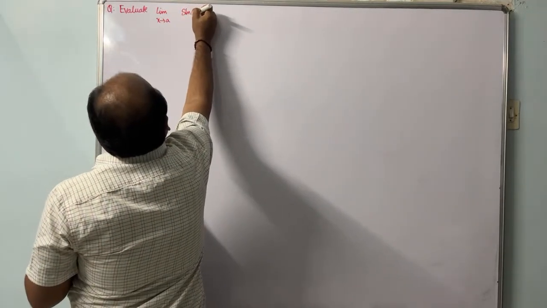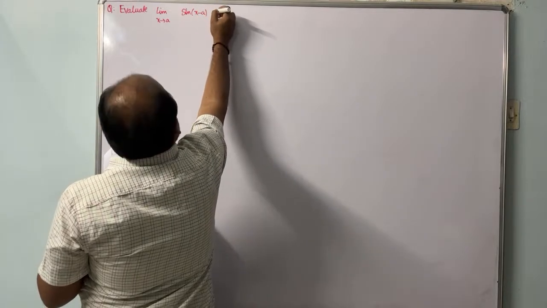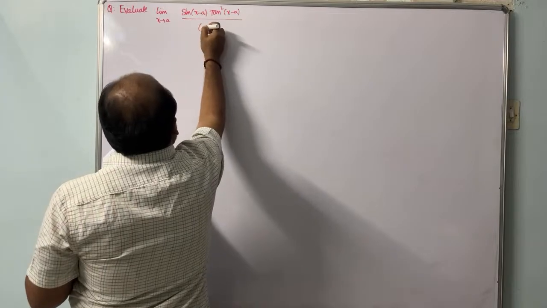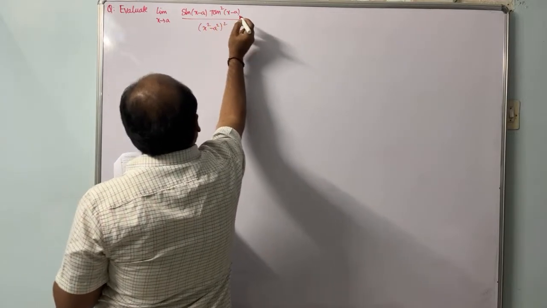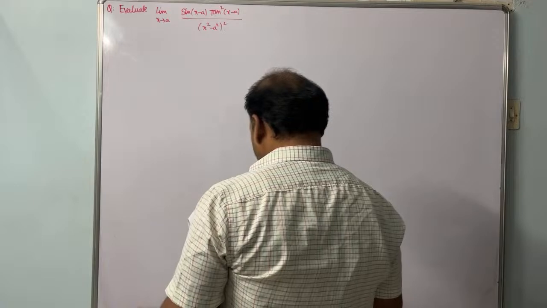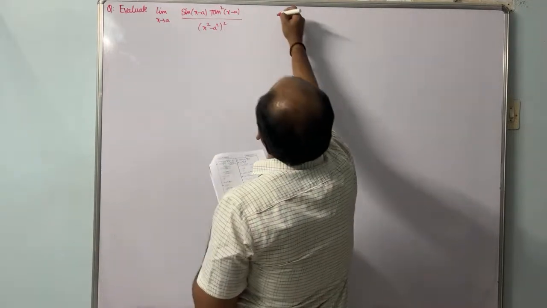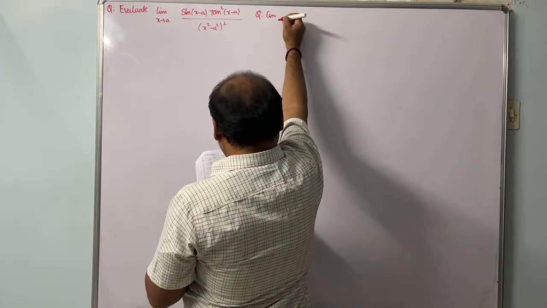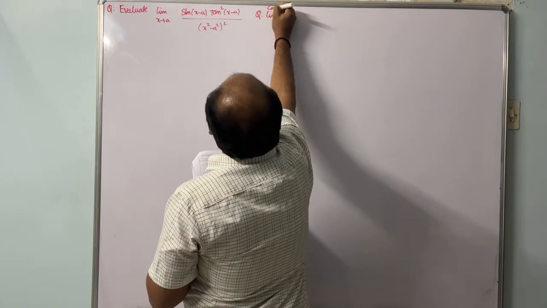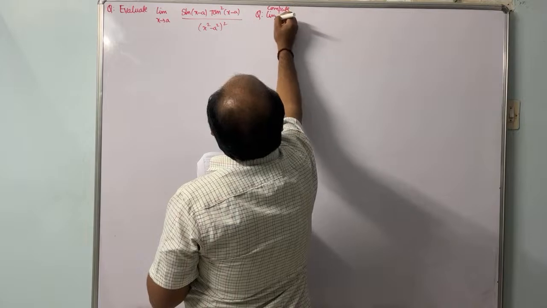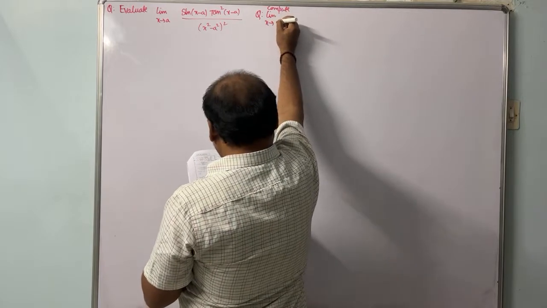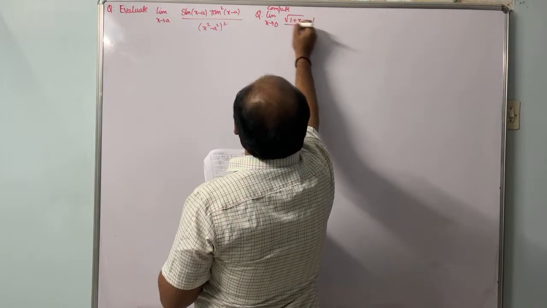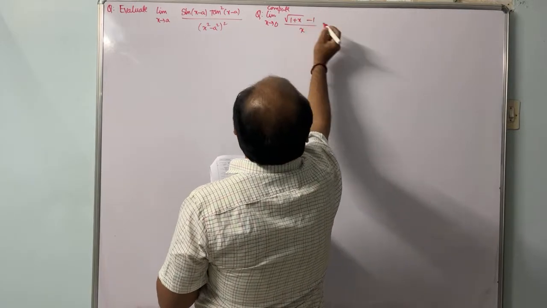Sine of x minus a, tan square of x minus a by x square minus a square whole square. That is one question. The next question is find or evaluate or compute limit x tends to 0 root 1 plus x minus 1 by x.